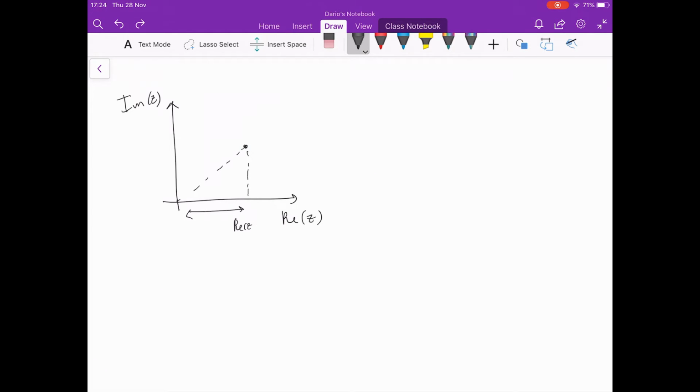Sorry, that's a in our example earlier on. So if we have a there and b here, which is the imaginary part, we can draw the complex number like that, and our z, which is this number here, can be represented as an arrow that goes from the origin to the point z, which is a plus ib.